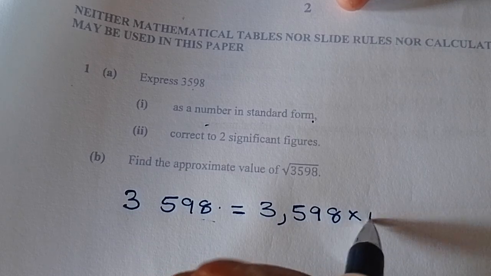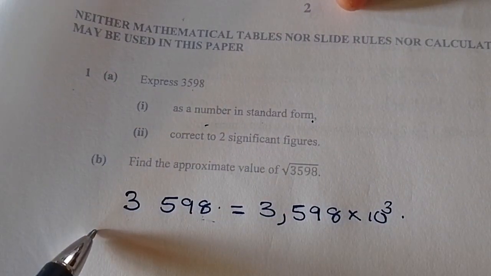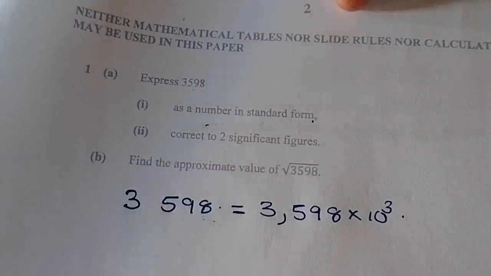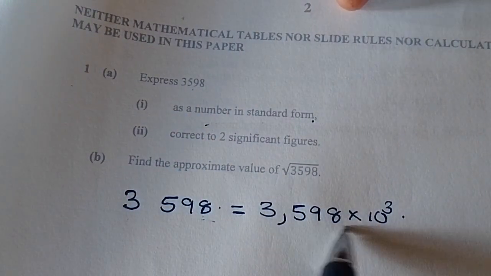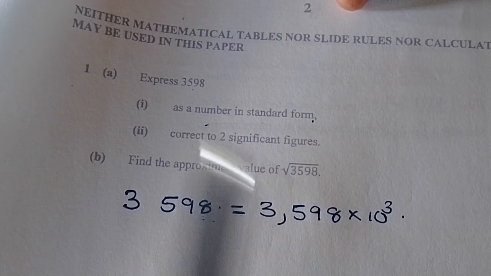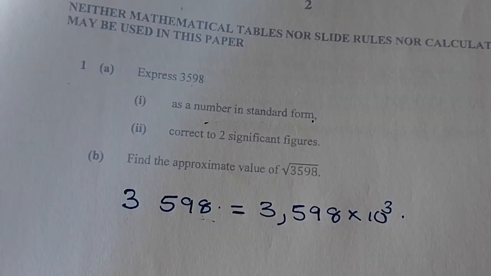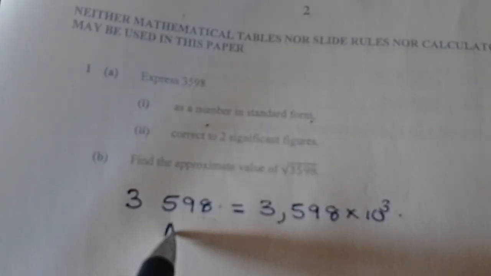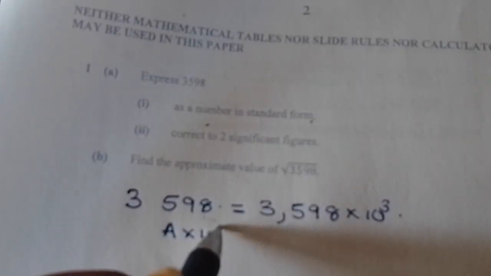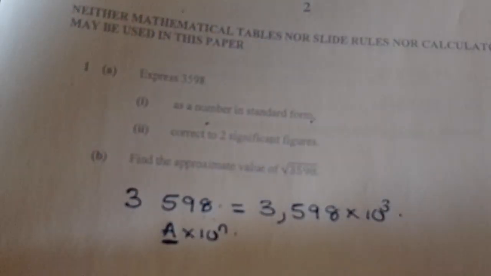When a number is expressed in standard form, it is expressed in the form a times 10 to the power n, where a is a number from 1 to 10.